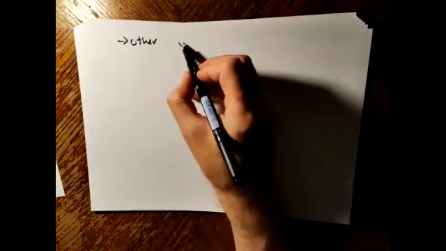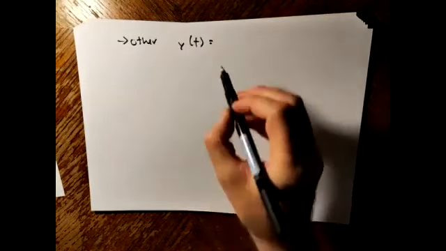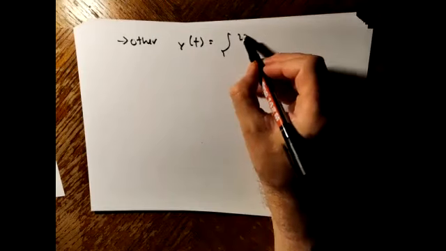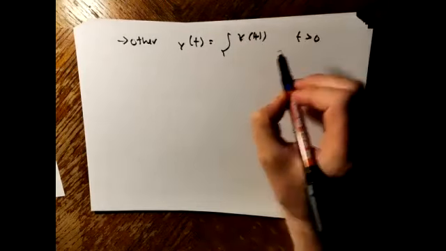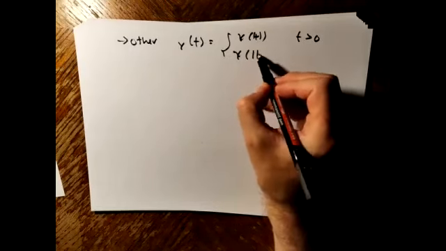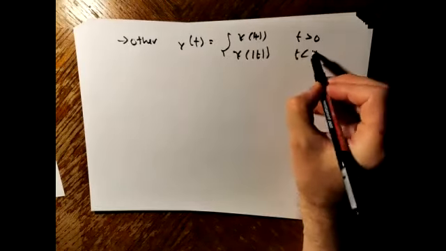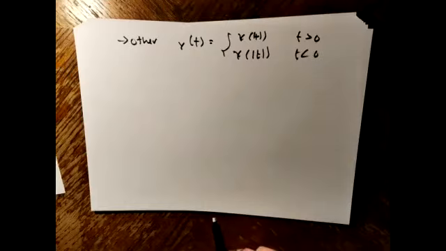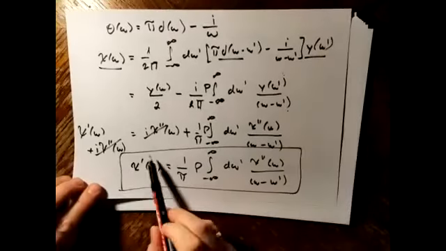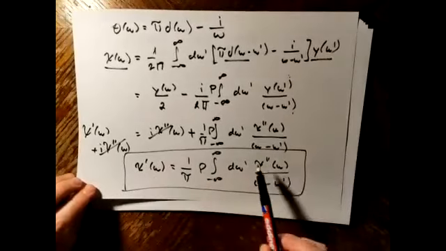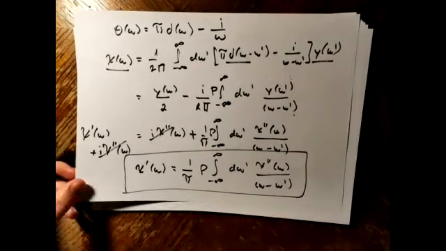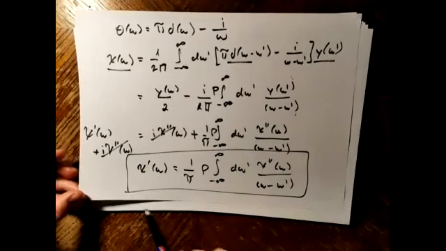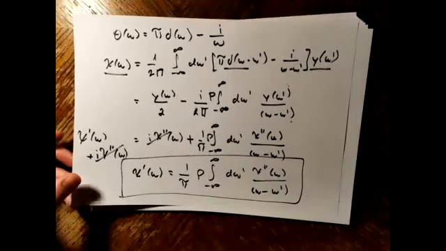So for the other, y(t) should be chosen to be χ(t) if t is greater than 0, and χ(−t) if t is smaller than 0. And you're going to get something in which it's the imaginary part that's on this side and the real part that's on this side. And it's only going to differ by a sign compared to this expression, so it looks very similar to this.